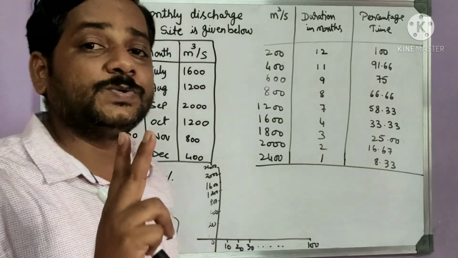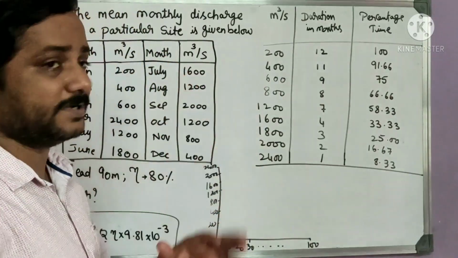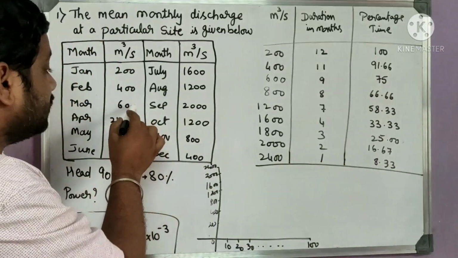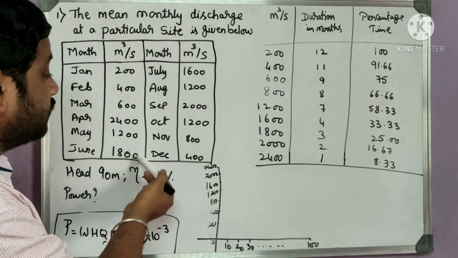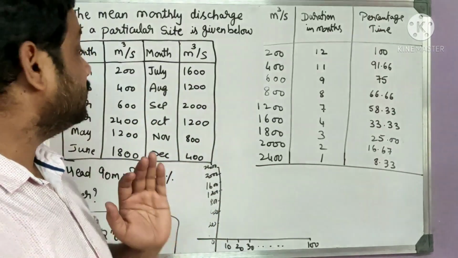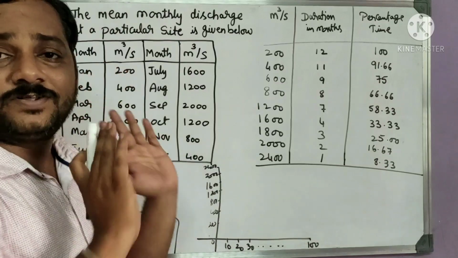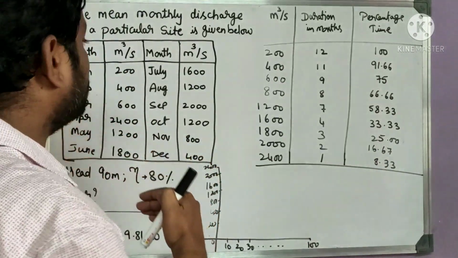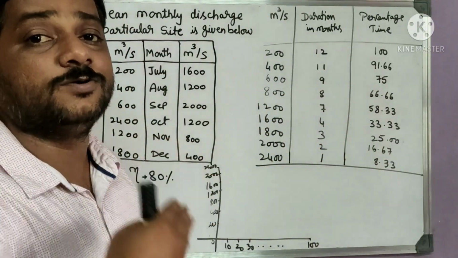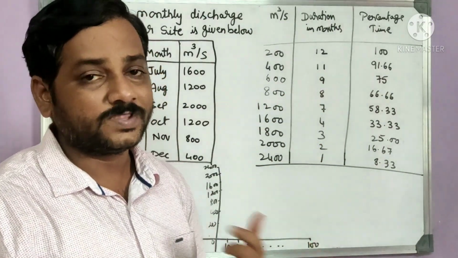In the month of January we have only 200 discharge cubic meter per second, right? So 400 is available in February, and in all other months it is more than 400. In December it is equal to 400. So just in January we don't have it. So remove that, minus 1, we will get 11 months. In all 11 months we will have the 400 cubic meter per second as a discharge of water.